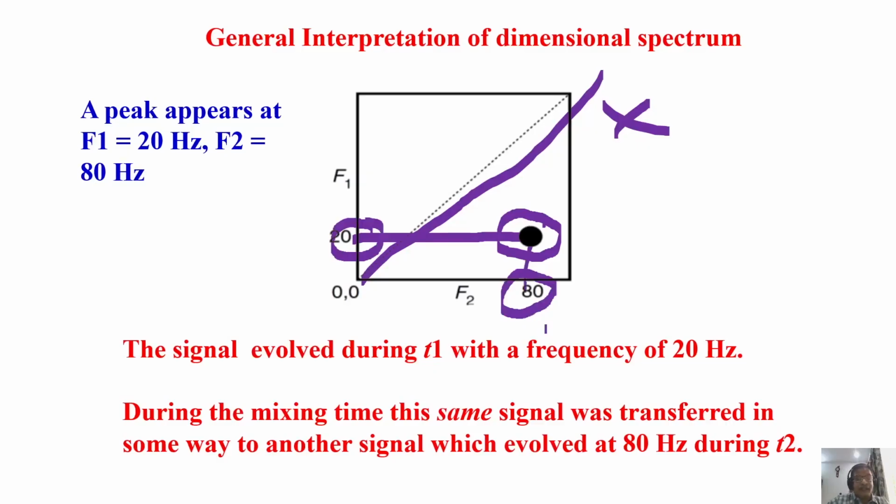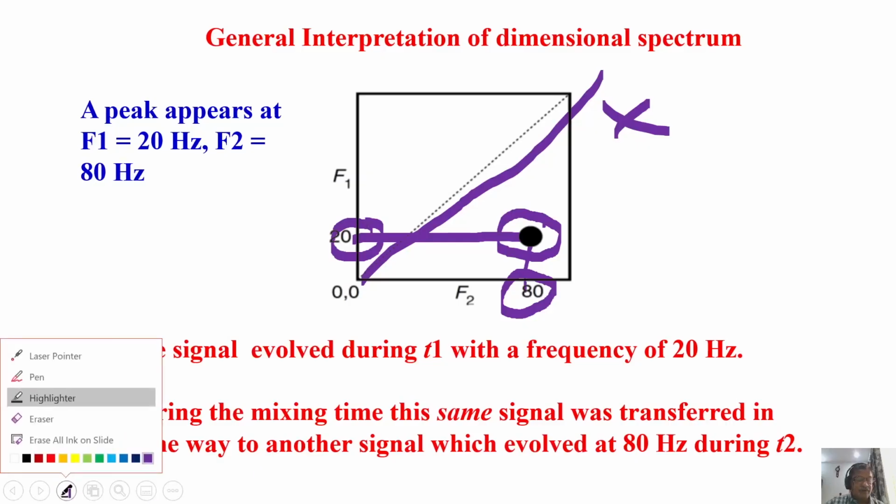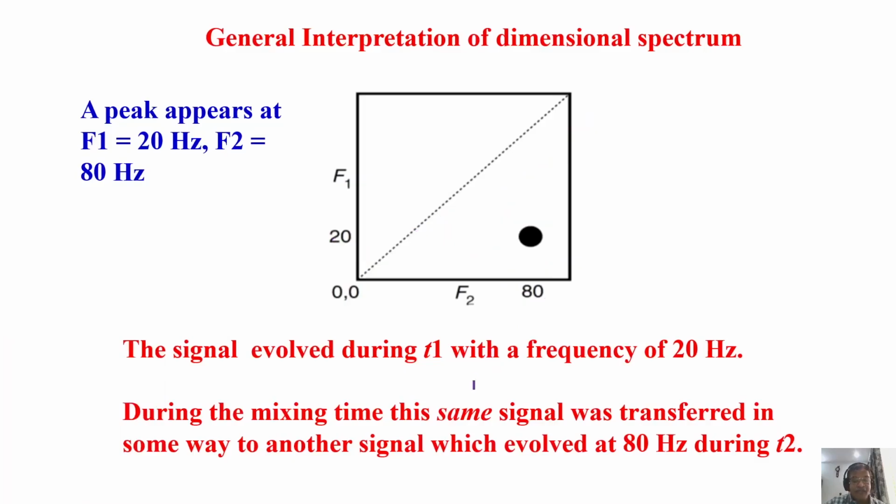So, what do you understand from this? This signal here evolved in the T1 dimension at a frequency of 20 Hertz. But in the T2 dimension, it has evolved at 80 Hertz. I suppose you are understanding me.